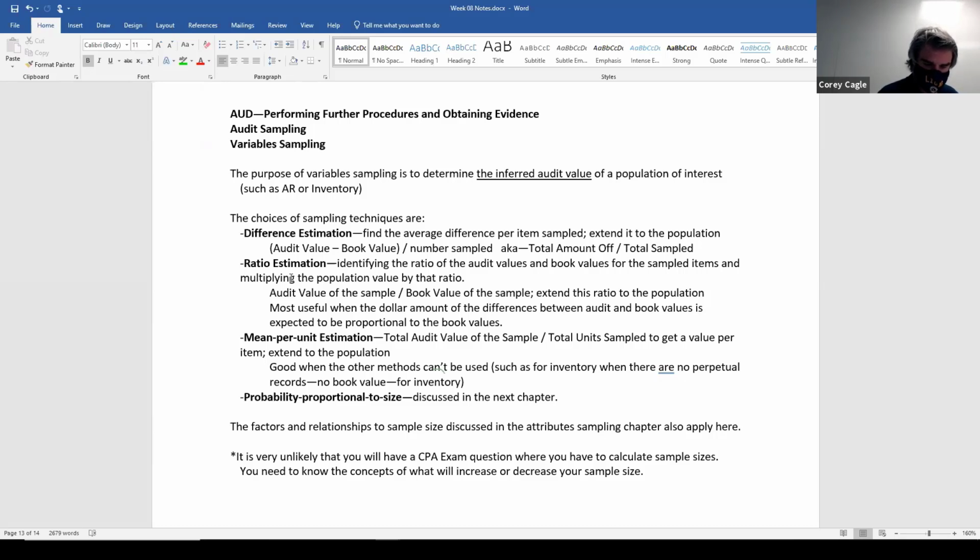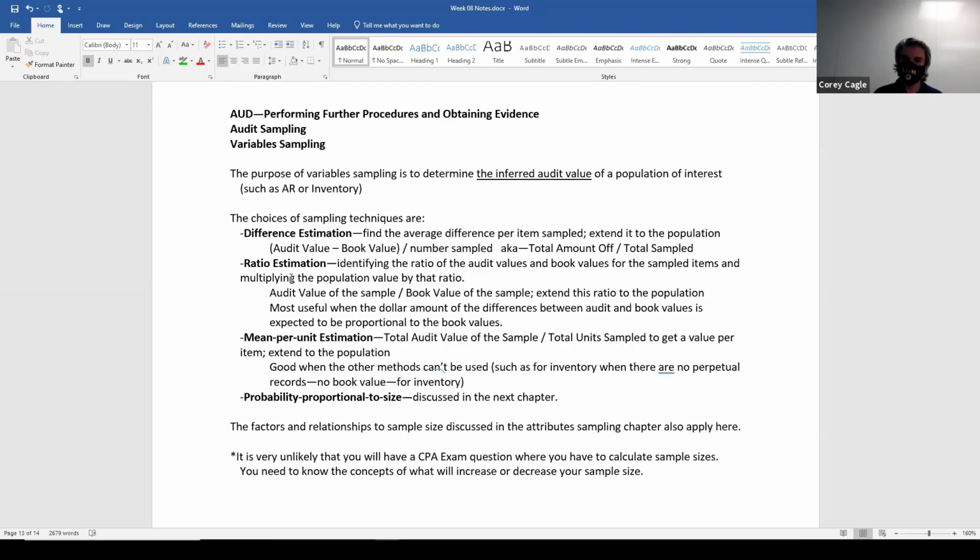But yeah, I have my notes from last year, and I have a problem where we did difference estimation, ratio estimation, and mean per unit estimation to get a new audit value ultimately, what we think the population audit value should be based on what we found in our sample, right?